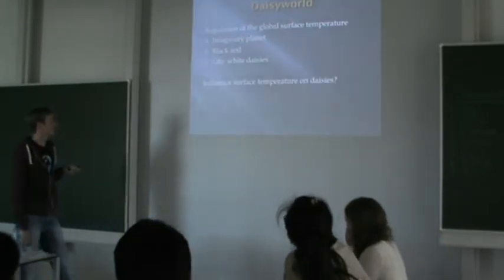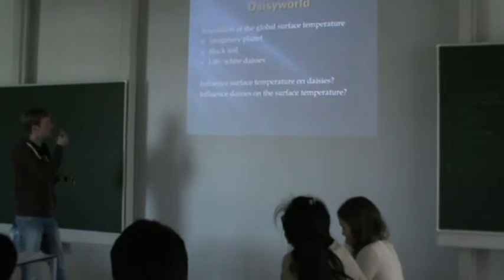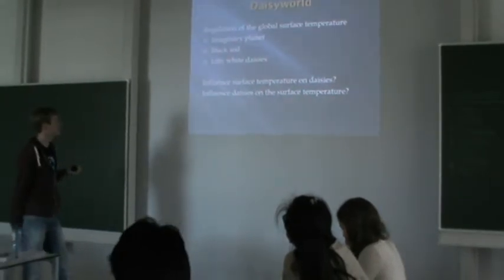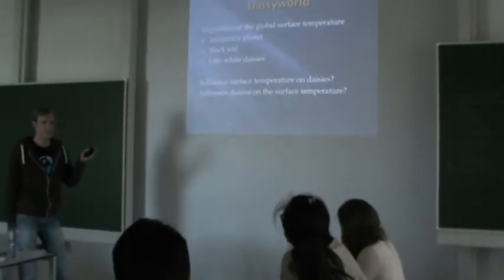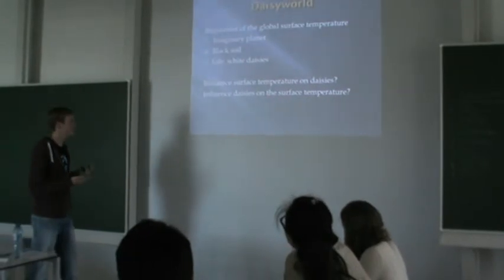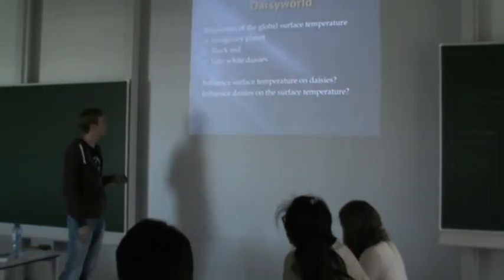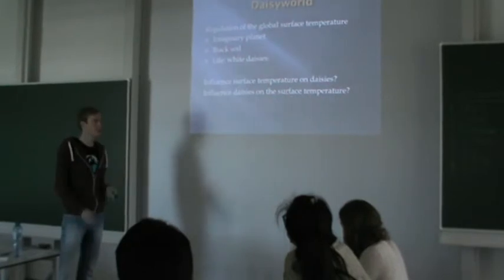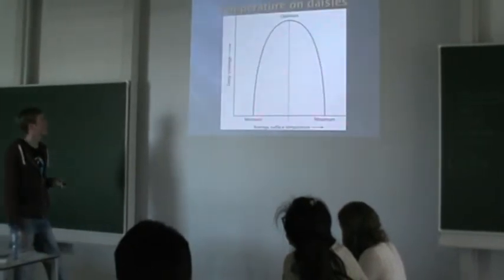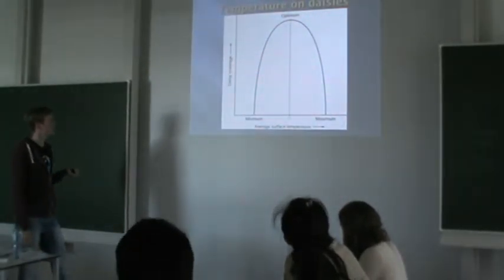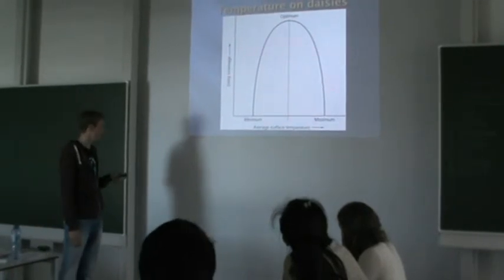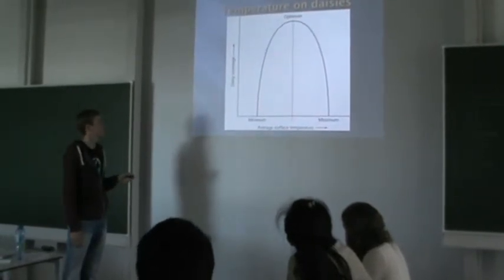And the main question of Daisy World is, what is the influence of surface temperature on the daisies, and how do the daisies influence the surface temperature on the planet? So what are the effects both ways? The effect of temperature on daisies is a very simple graph with a top.